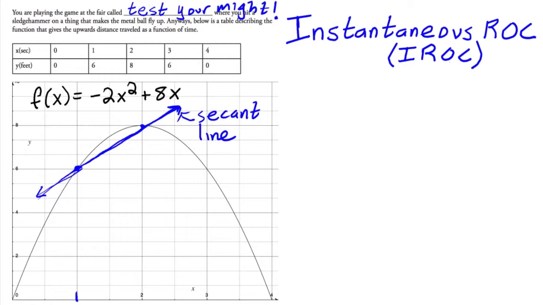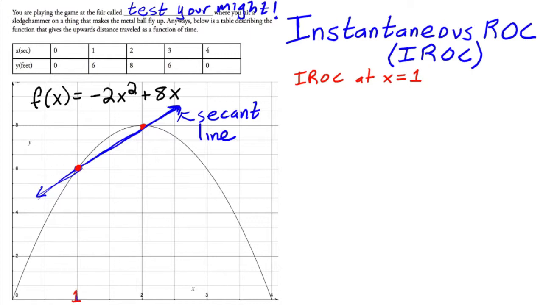So let's say, just to think this through, we're looking for the instantaneous rate of change at x equals 1. Now remember, we can approximate the instantaneous rate of change by choosing two numbers that are close together.